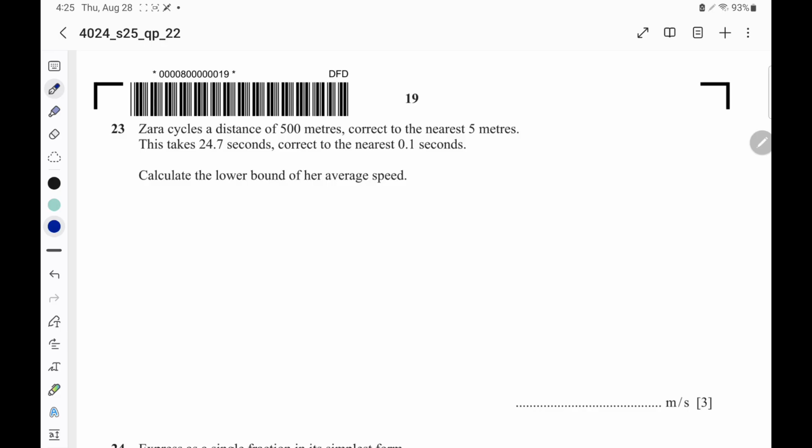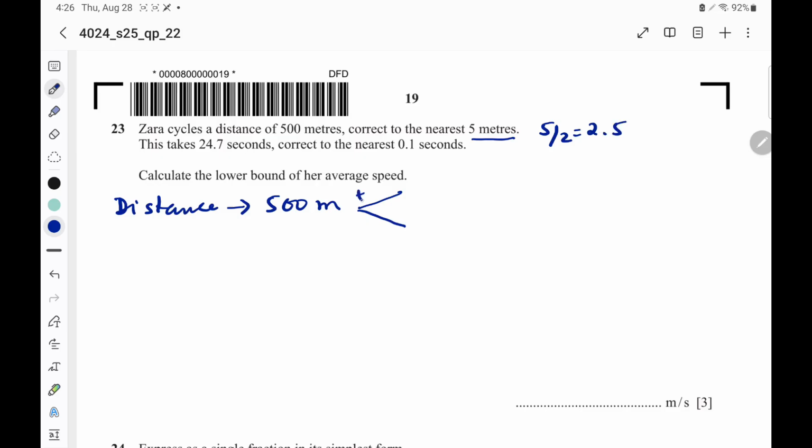Okay, so that is if you just take the distance. It is given 500 meters, corrected to 5 meters. So you will do plus minus 5 over 2 for the lower and upper bounds. 5 over 2 will become 2.5.